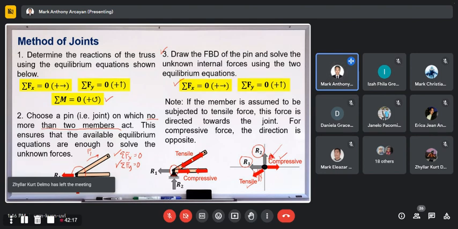Okay. Mao ni ang arrow nga iya gipasabot kani. So towards siya sa joint, kay tensile man. So giinat man ang kanang member, kanang inclined member. Then kaning compressive, since gi-compress man ang member, so ang force nga gi-act sa member to the joint is a compressive force. So away na siya sa kanang joint.